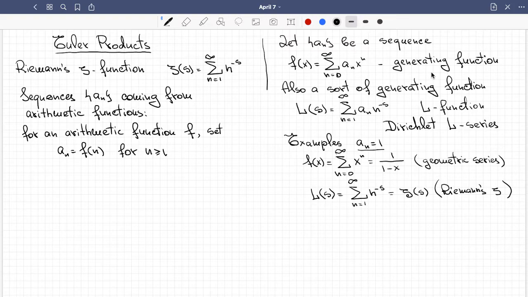So from this perspective, Riemann zeta function comes from f equals I.